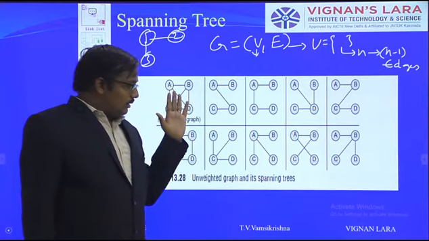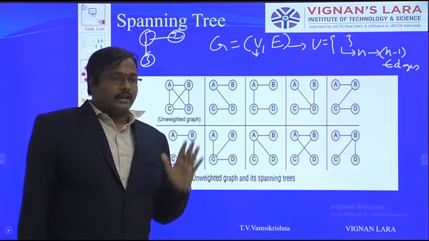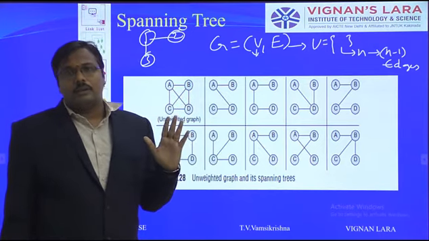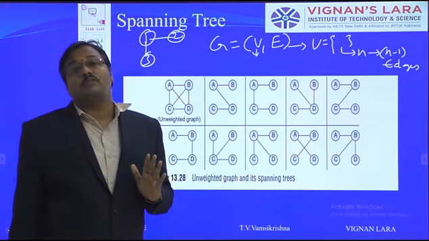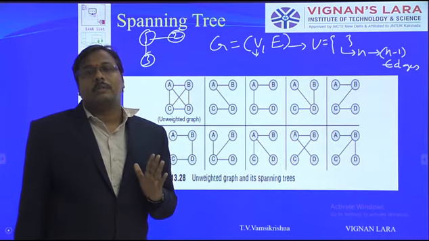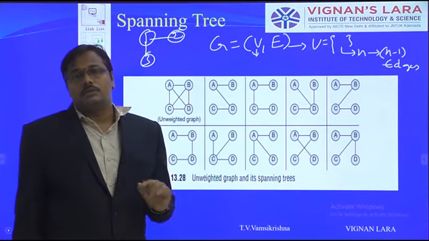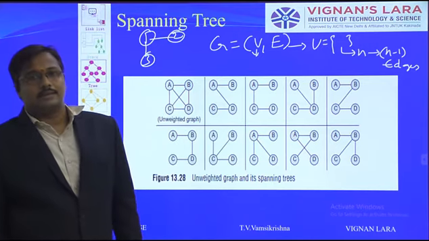So a spanning tree can be defined as follows: in the graph, all the vertices are connected with the minimum number of edges. The resultant one is called a spanning tree. The only condition is no cycles.